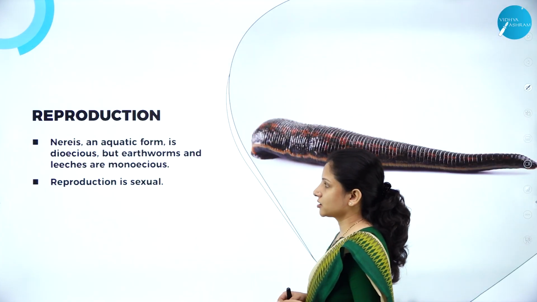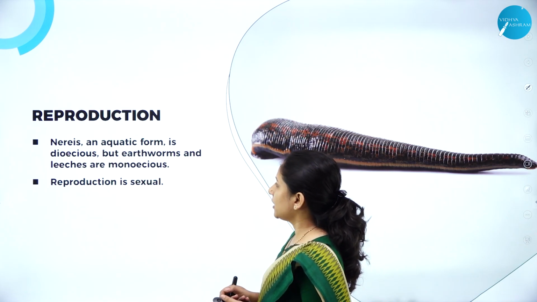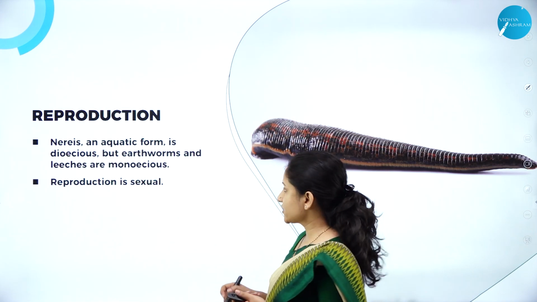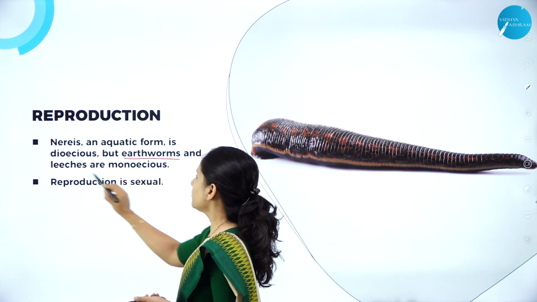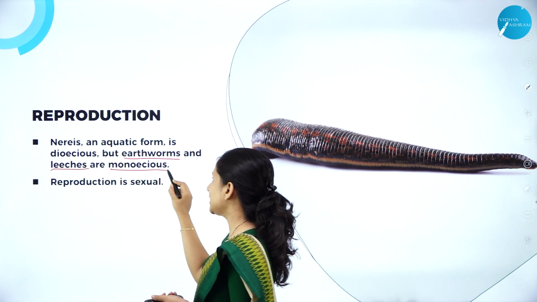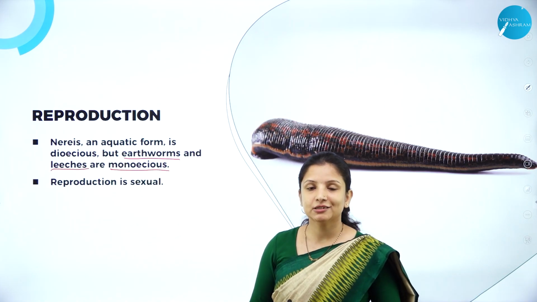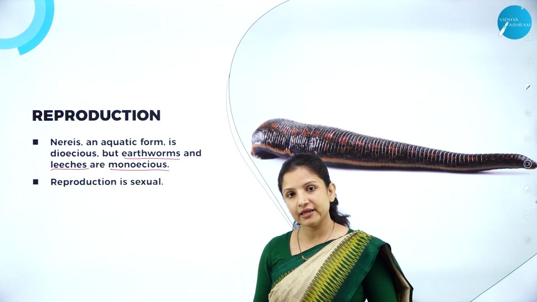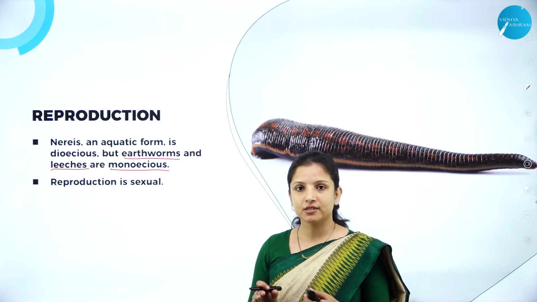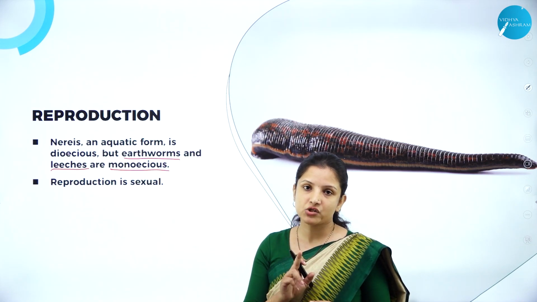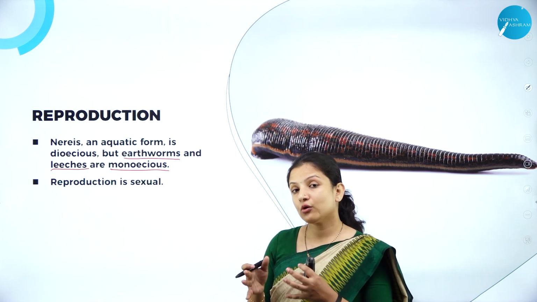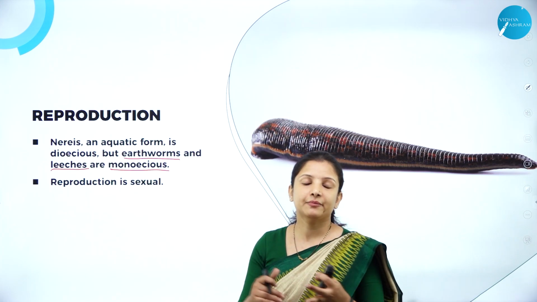Next, reproduction. The earthworm and leech are monoecious. Monoecious means they are hermaphrodites, wherein both the male and the female reproductive organs are present in one individual organism itself. They don't have a separate male and a separate female.